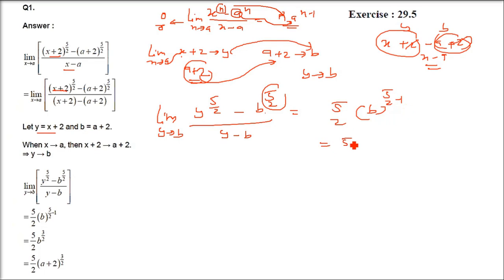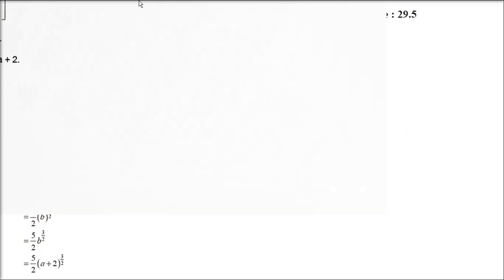What is 5 by 2 minus 1? That is (5 minus 2) by 2, that is 3 by 2. But what is b here? B is a plus 2. B we assumed, it was not given in the question, so we can't have the answer in b. So we put (a plus 2) to the power 3 by 2. This is how we are going to proceed.